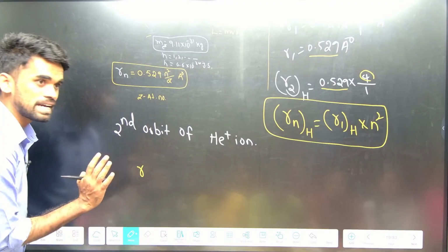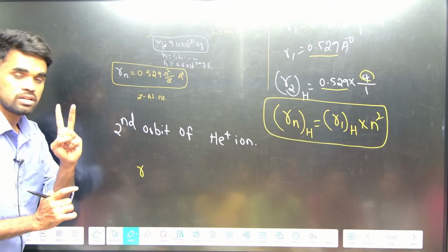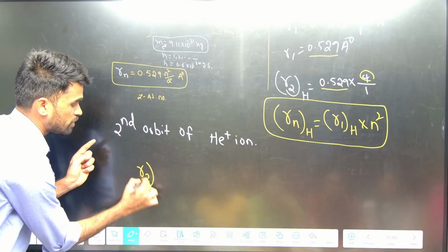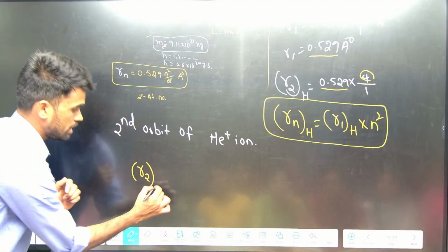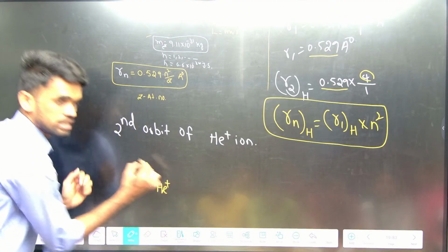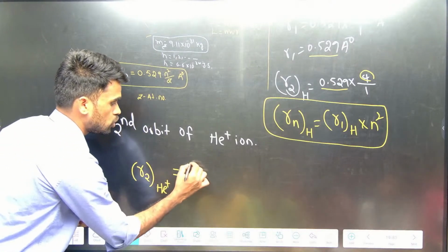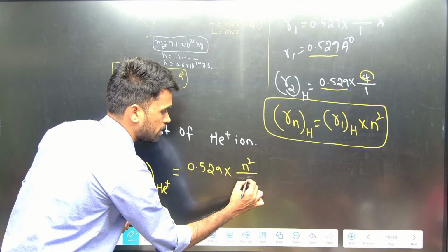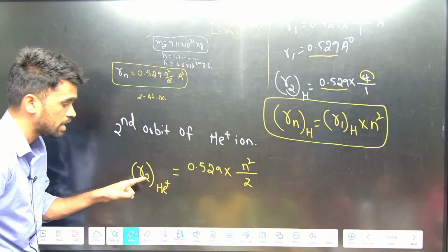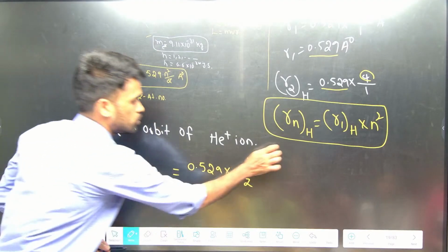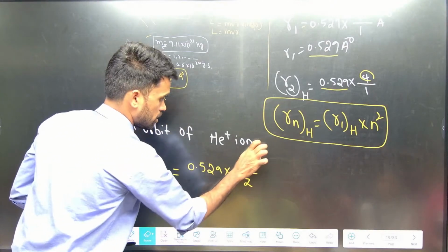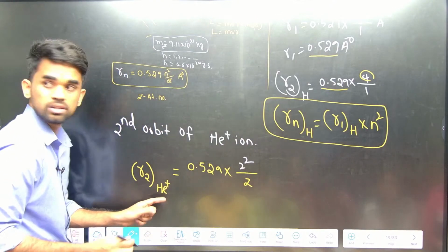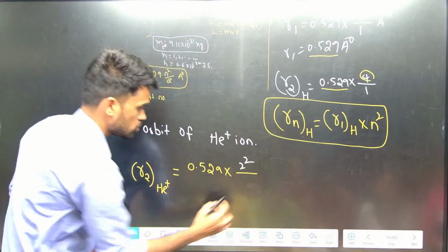Write Rn, with n value 2, for helium, which equals 0.529 into n square by Z. Here n is 2, so 2 square, and Z for the helium ion is 2.